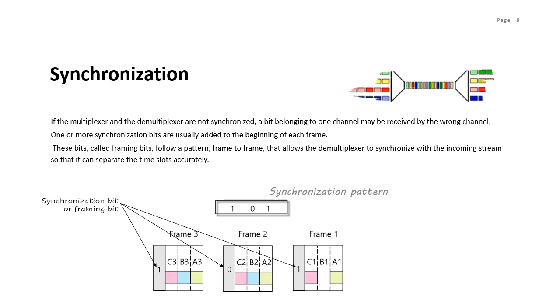These bits, called framing bits, follow a pattern from frame to frame that allows the demultiplexer to synchronize with the incoming stream so that it can separate the time slots accurately. In most cases, this synchronization information consists of one bit per frame, alternating between 0 and 1, as shown in this figure.